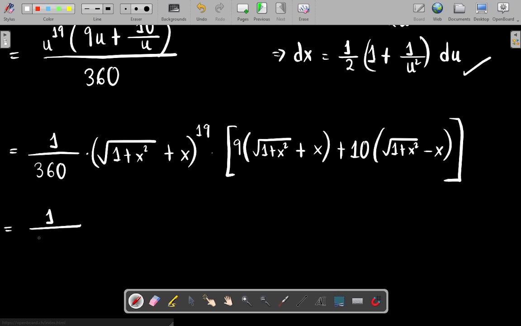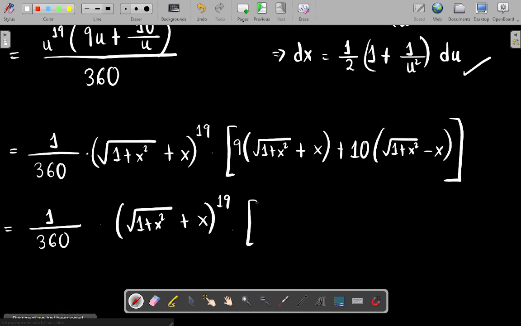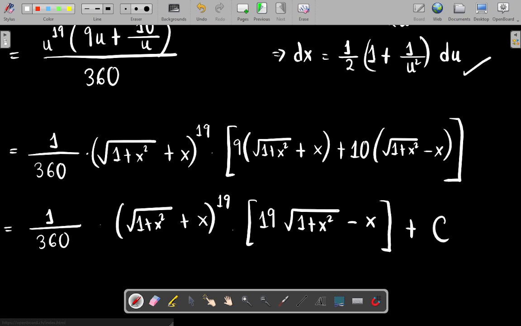So this on further simplification gives us 1 upon 360 times square root of 1 plus x square plus x whole to the power 19 times this. On simplification, this is 9 times this, 10 times this, right? These are of similar sign, so this will give us 19 times square root of 1 plus x square, and we have plus 9x and minus 10x, so this will give us minus x. Okay, and since we have substituted u in terms of x here, this is the final step, so we can write plus c here.